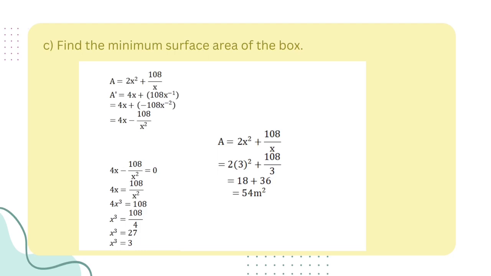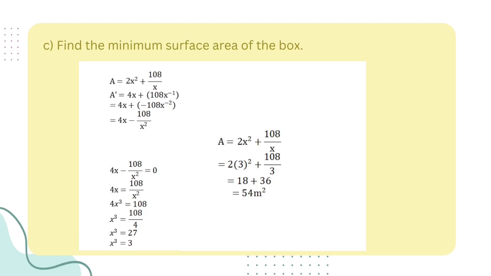4S equal to 108 over S squared. Bring the S squared to the other side of 4S. Now, 4S has become 4S cubed equal to 108. Bring 4 to the other side, so S cubed equal to 108 over 4. S cubed equal to 27. So, S equal to 3.